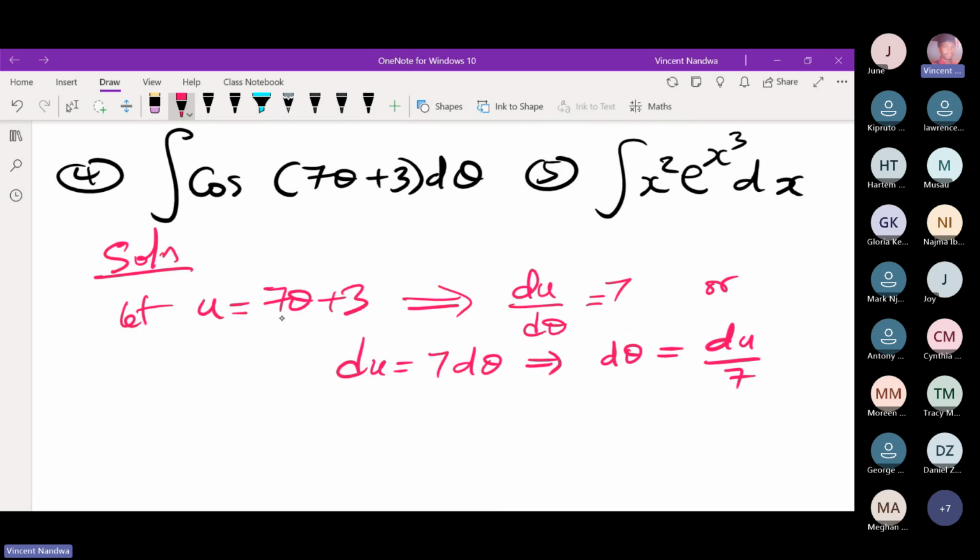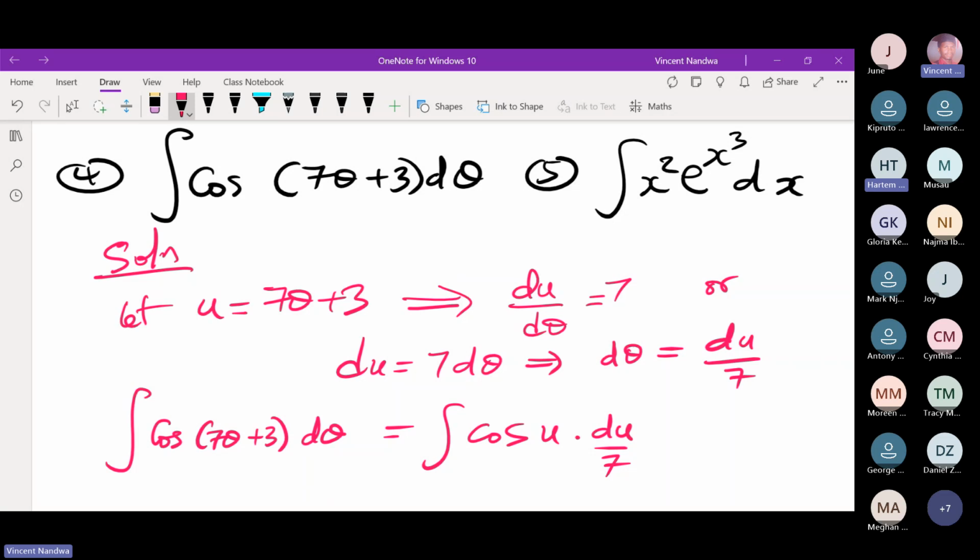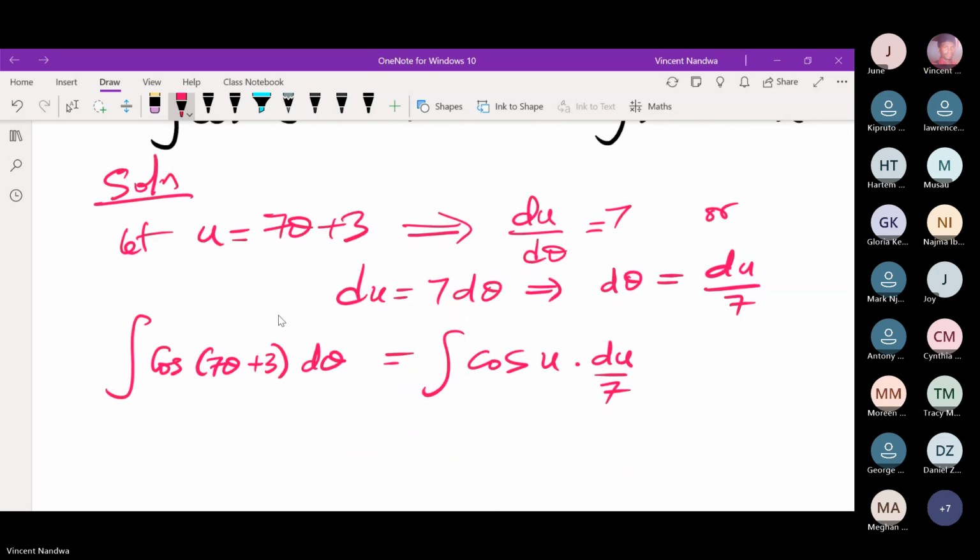So this will give us the integral of cos 7 theta plus 3 d theta will be the integral of cosine of u, where there's this bracket we put u, where there's the theta we put du over 7. So this 1 over 7 can be factored outside the integration sign. So you write 1 over 7 integral of cos u du.